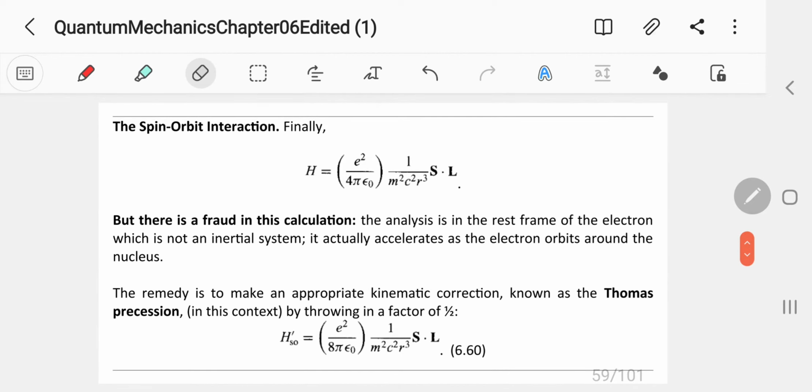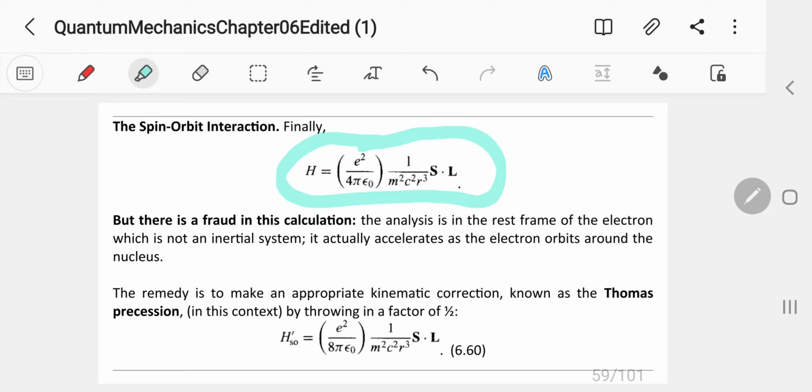So finally, our spin-orbit Hamiltonian would be given by this. But if you can remember, we're dealing with the rest frame of the electron, and the electron is actually the one that's revolving around the proton.